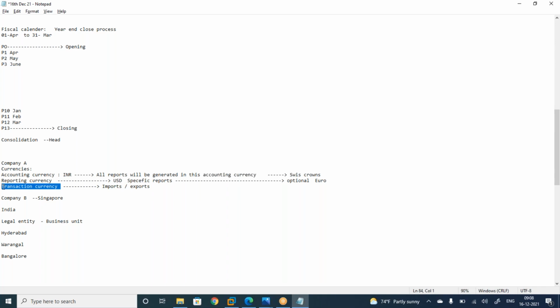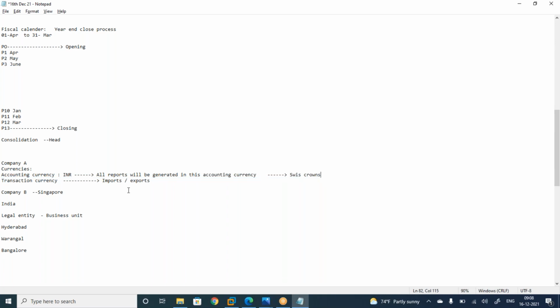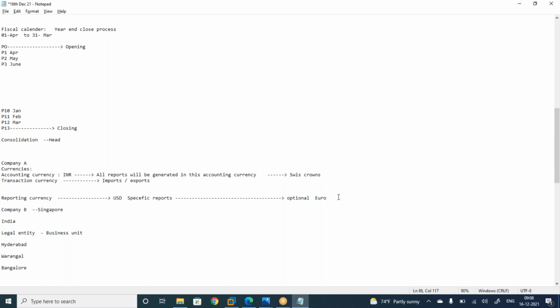Is it clear? I think it looks like the reporting currency, the imports and exports also. No. Reporting currency is optional. You may not map it; you can skip. This is not mandatory at all.